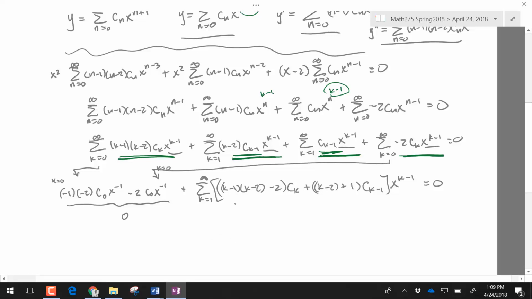Okay, so now let's deal with this in here and solve for c sub k. C sub k is equal to negative c sub k minus 1, since k minus 2 plus 1 is k minus 1, and divide by the coefficient here. Should I try to simplify it?